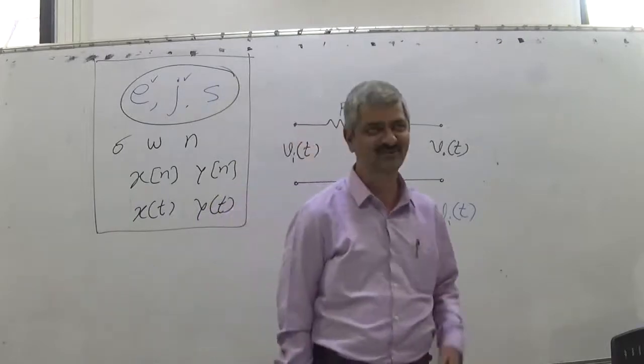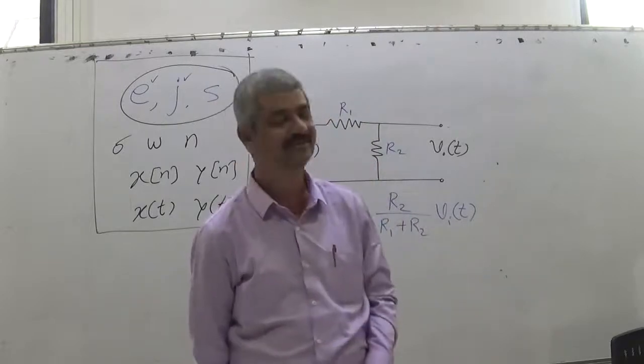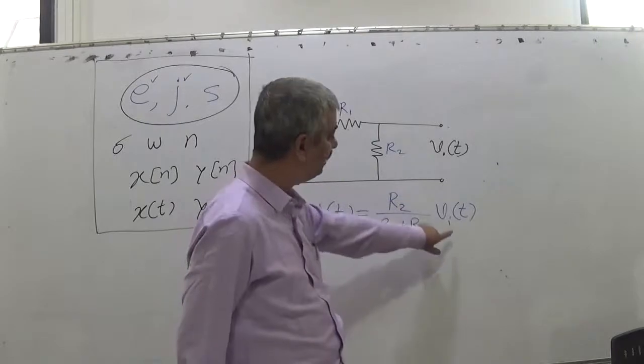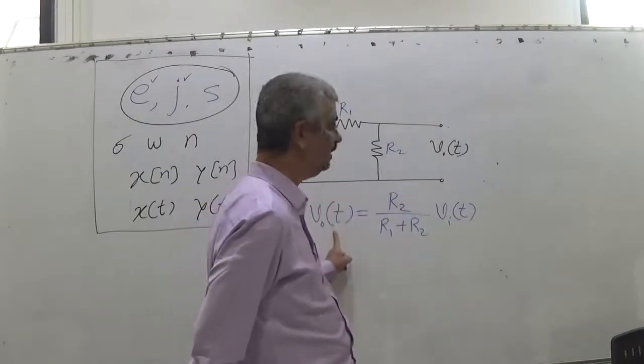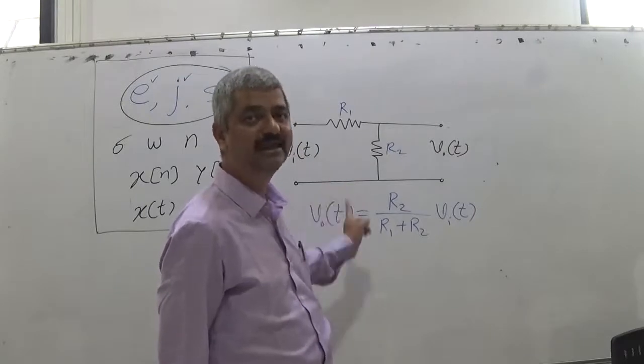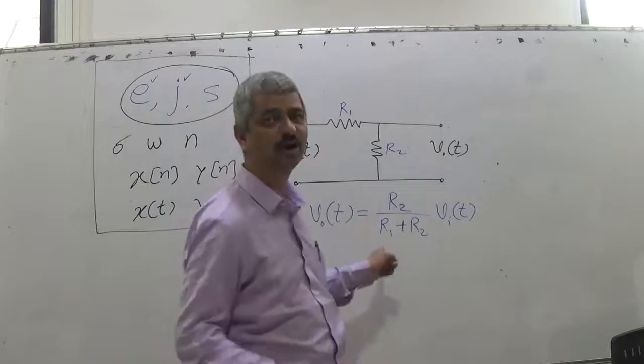Zeroth one may not like to utter, so zero order system, let us say. Instantaneous system where output is proportional to input directly. Output is a scaled version of input. This is a zeroth order system.